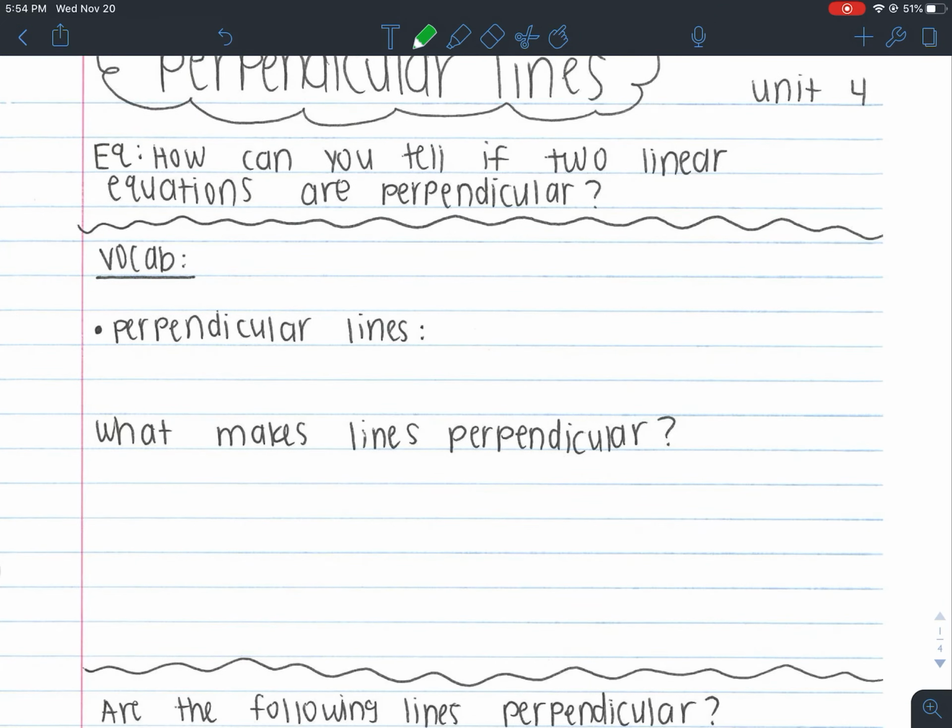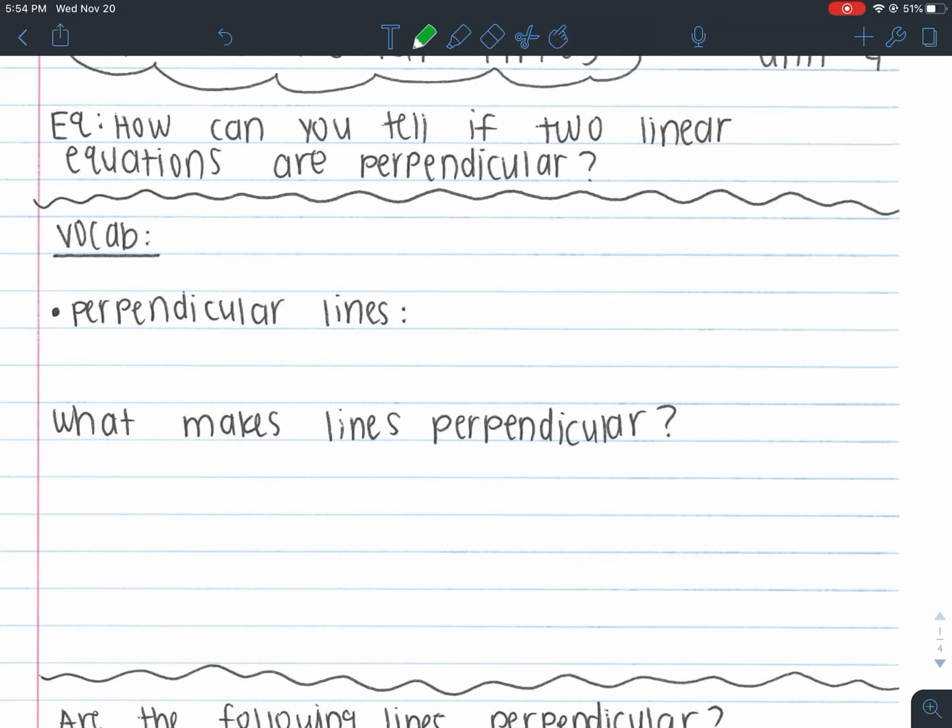Perpendicular lines are kind of the opposite. They will intersect, but not just any type of intersection. Perpendicular lines are lines that intersect at 90 degrees. So if you wanted to draw an example of this, you would have two lines and they would have to form a right angle.